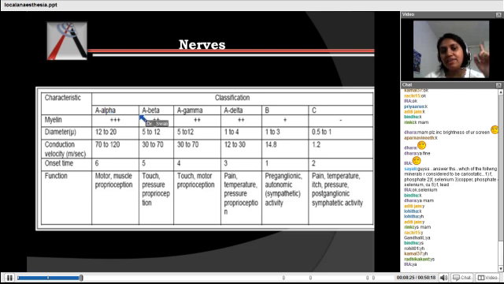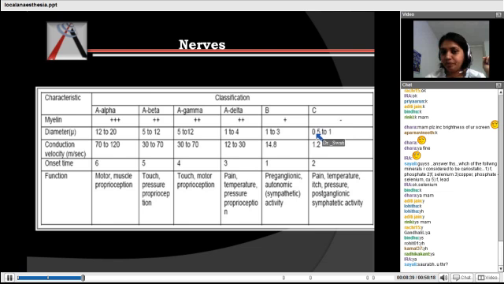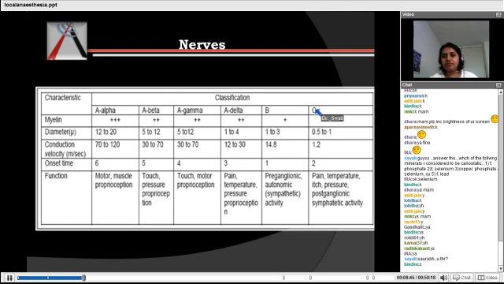In that, we have A alpha, beta, gamma, and delta. Then we have the B fibers and the C fibers. If we look at the diameter, we start from A alpha being the thickest, and the thinnest one is the C fibers, which are the thin fibers.